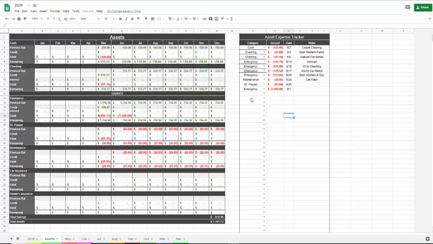And the same with maintenance, car wash, we're gonna take it out of maintenance. Eventually, we'll have a balance, but right now we don't have a balance, so it's in the negative.